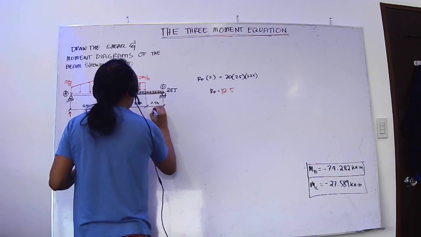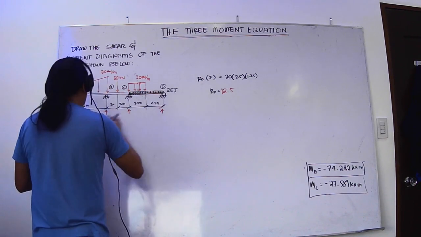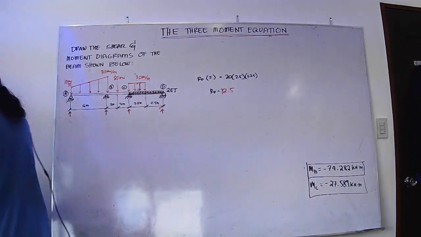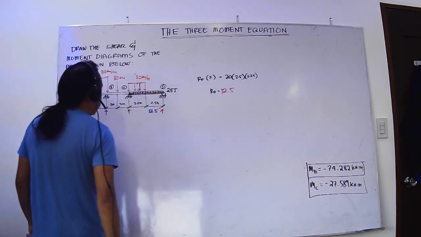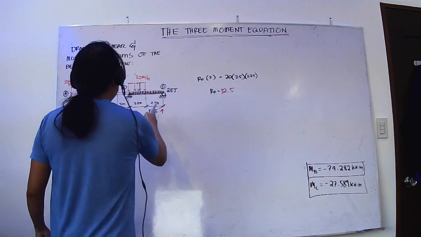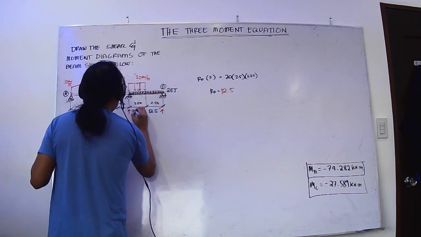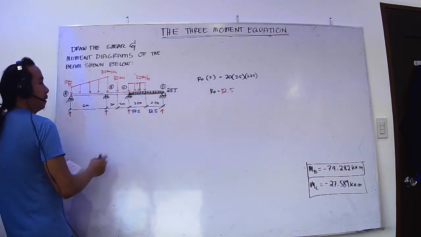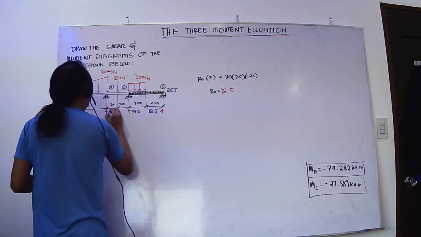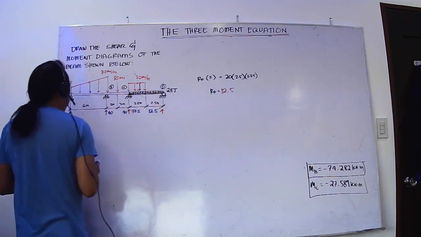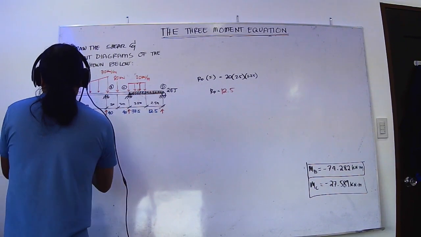So this is 12.5, and similarly you will have 37.5, because these are simple beam reactions. Then 80 divided by 2, that's just 40, and this is 40.